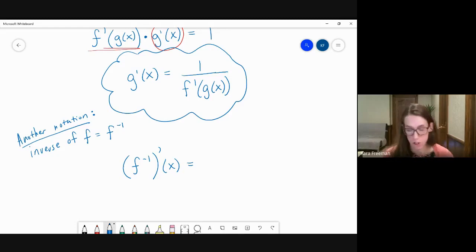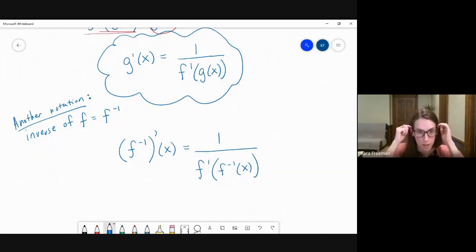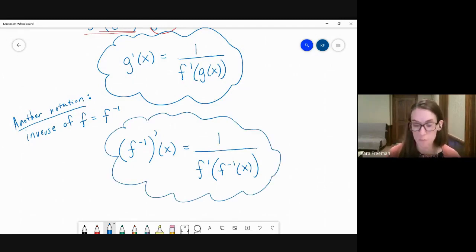So the other notation, if I want the derivative of this inverse function, then it'd be 1 over f prime of f inverse of x. Okay, so that's a different notation. That doesn't happen as much, but I have seen it appear on the AP test. Like I said, it's really clunky, but I just want you to be familiar. So these are both the derivative of an inverse function using different notation. One's introducing saying f and g are inverses. Another one's using that inverse notation.